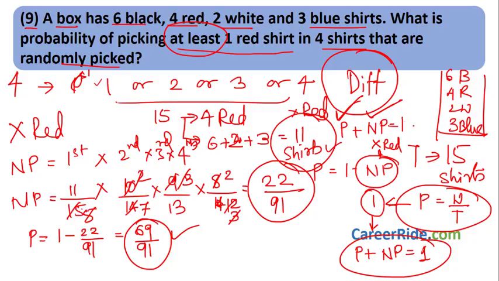Not choosing at least one red shirt means not choosing any red shirt, because at least will include 1, 2, 3 and 4 red shirts. We found the probability of not choosing any red shirt, subtracted it from 1 and we got the answer. Moving to the next question.